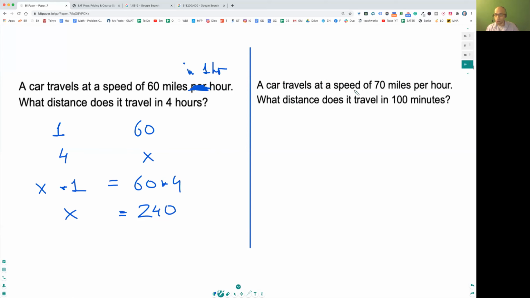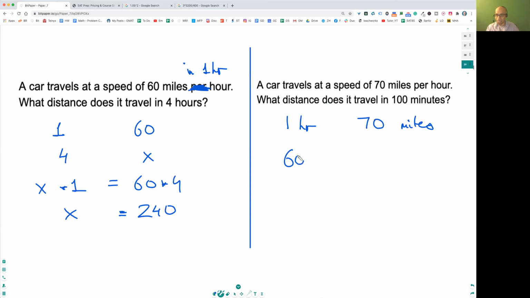A car travels at a speed of 70 miles per hour. Okay, so in 1 hour, it travels 70 miles. Okay, now what happens next? In 100 minutes, it's asking you, so how many minutes are there in 1 hour?